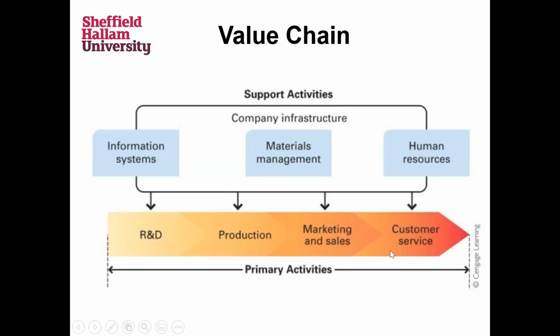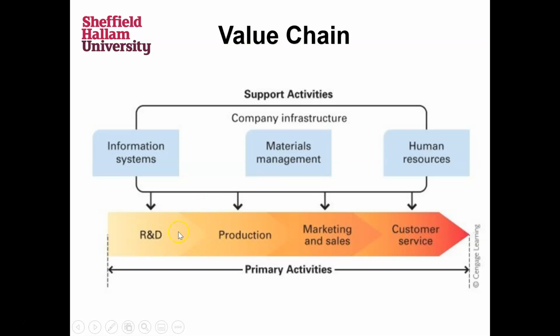We would need to see evidence of customer service and what customer service is being carried out. So what we need to understand then is that the value chain is made up of primary activities, and these are concerned with the activities. So research and development is an activity, production is an activity, marketing and sales is an activity, and customer service is an activity.